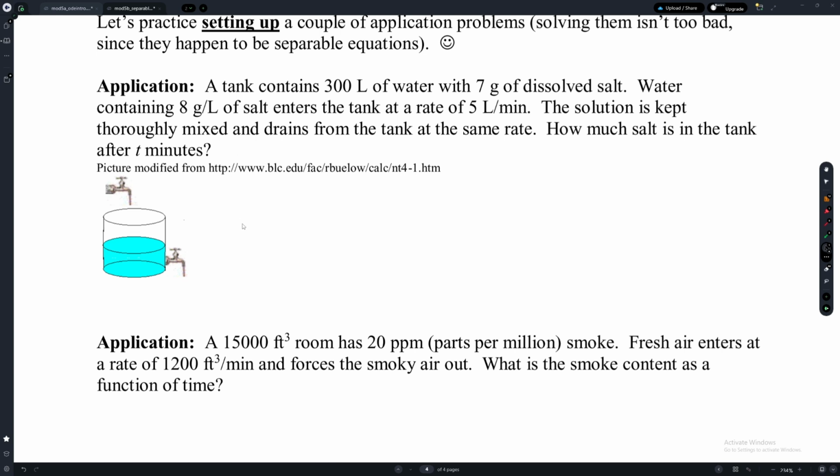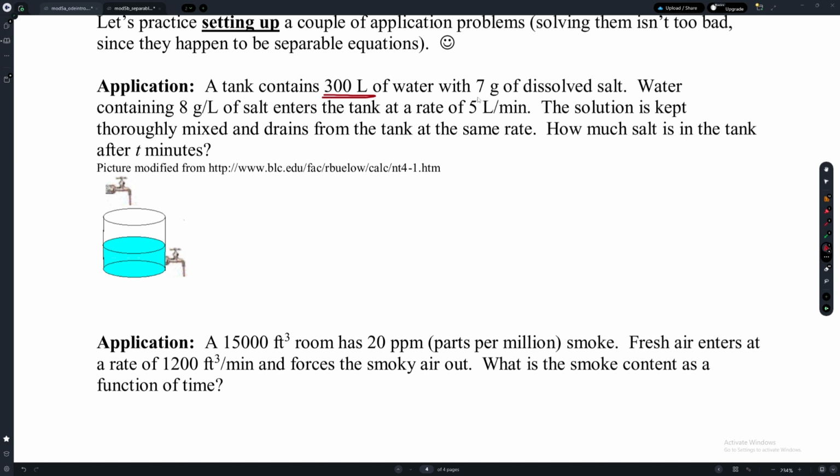So the way you can think about these is pretty simple. You do the same thing. You know how I had dy over dt, or sorry, dx? For this one, let me read through it. I've underlined these, so it contains 300 liters.